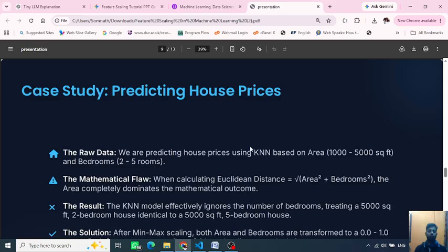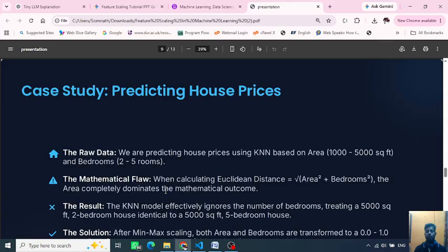Now for predicting house price, in the last lecture we showed house prediction with raw data. We are predicting house price using KNN based on area and bedrooms.